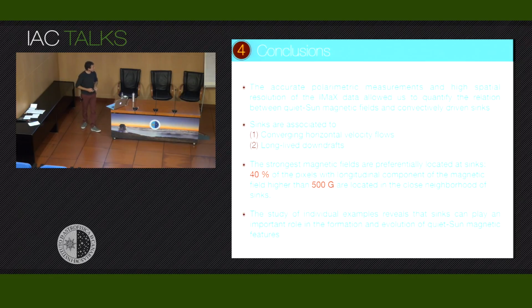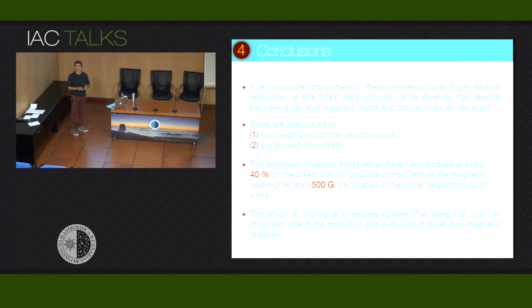Okay, so as a summary, we can say that thanks to the high spatial resolution and polarimetric sensitivity of IMaX, we have been able to study the relation between sinks and magnetic fields in the quiet sun. We have found that sinks are related with converging horizontal velocity flows and persistent downdrafts. We have found that the strongest magnetic fields are located at these sink areas.